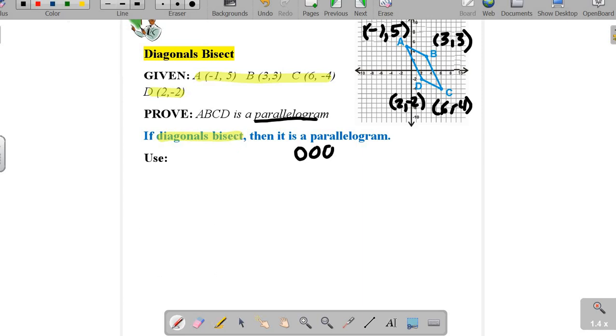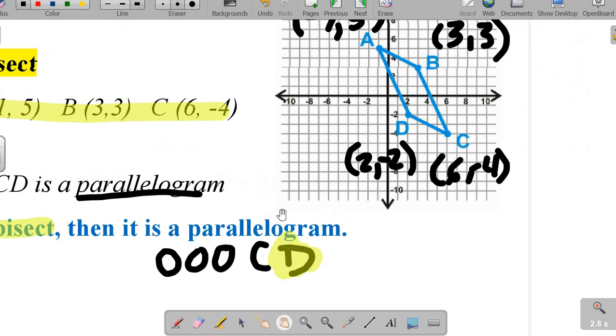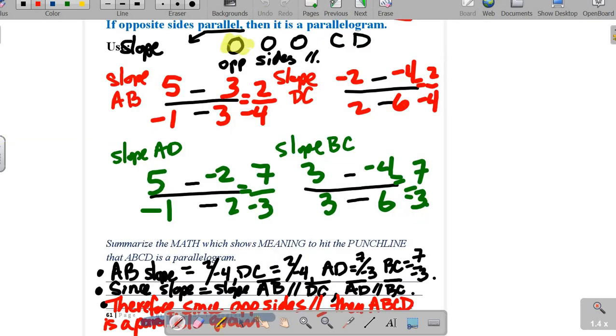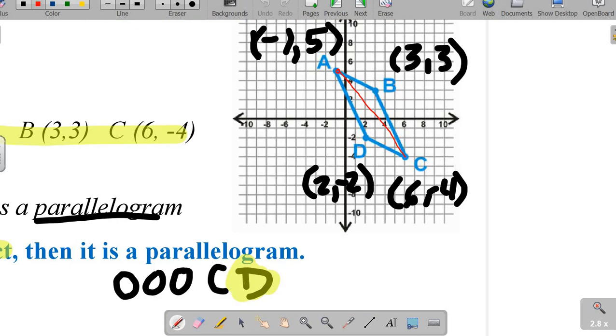Because in OCD, if the diagonals bisect each other, if we draw in the diagonal AC and the diagonal BD, if they bisect each other, which means the midpoint going both ways is the same, then that must be a parallelogram.